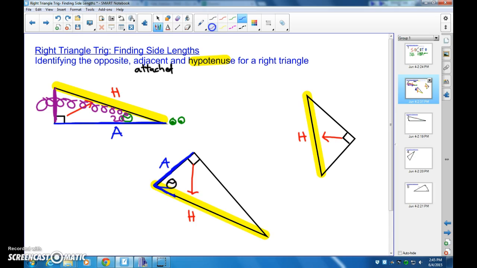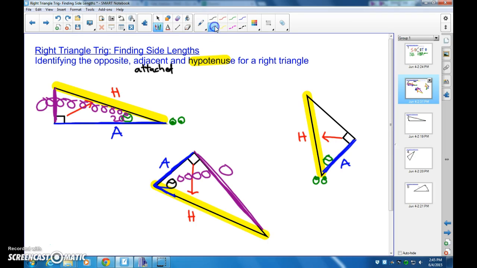That is true, but that guy's already labeled as the hypotenuse. And if he's the attached, then the opposite side is right there. Let's put some eyeballs or an angle right here. So again, you can think about having eyeballs. Whoever's right next to you, who's adjacent to you, who's attached to you, that's the adjacent.